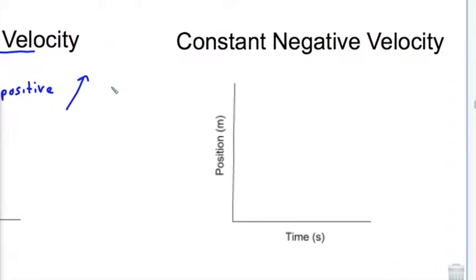So here's a constant negative velocity. It would look something like this, sloping downward. Again, because the slope of a position versus time graph is the velocity, we need a slope that goes downward in order to have a negative velocity.